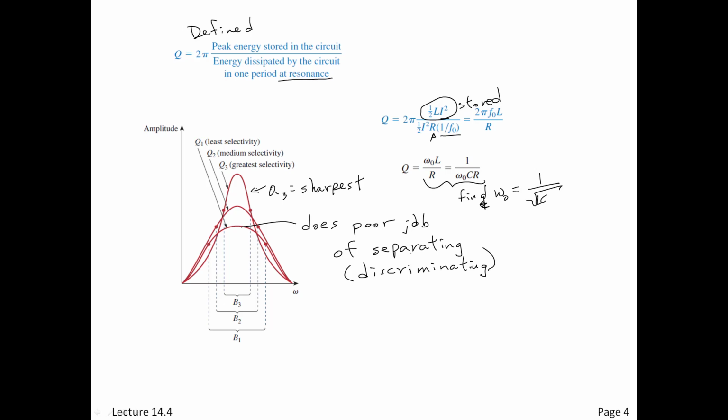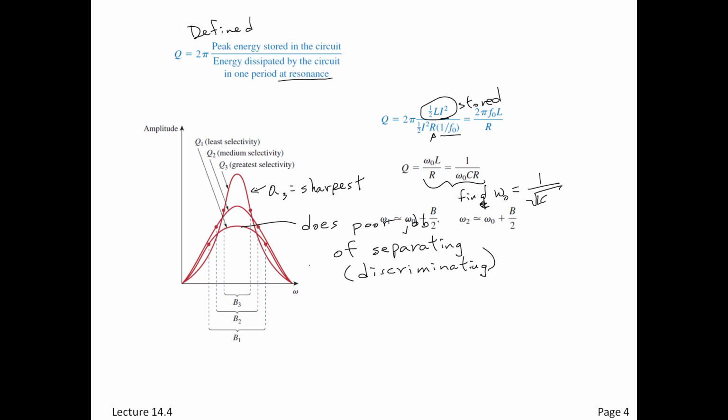So if you were using it to tune a radio, anything that involves tuning frequency, radar, sonar, anything that involves tuning, you want this peak to be as sharp as possible. You want to discriminate as much as possible. And so that's why we pay attention to the Q, and it has a real bearing in circuit design.